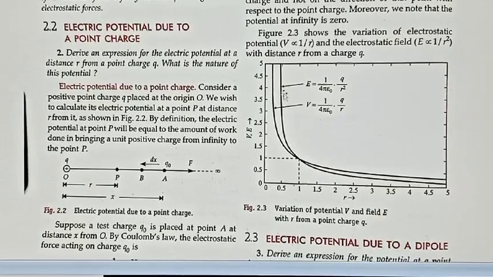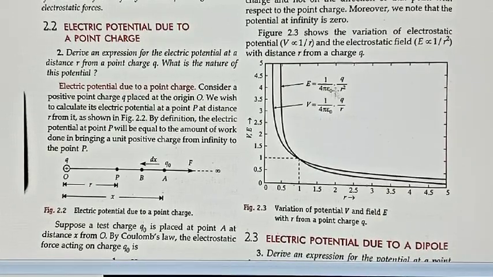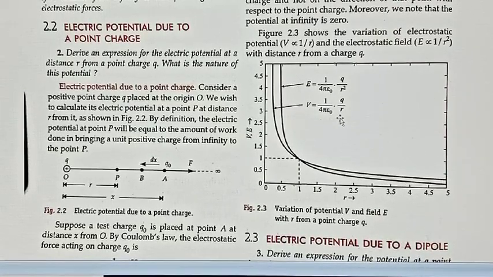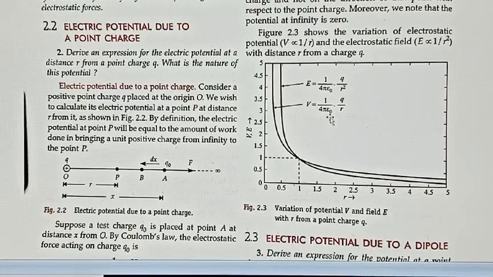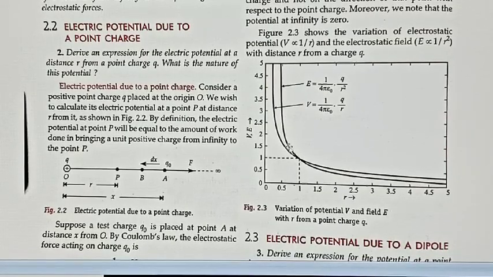Then you can get these graphs. You can see one is R square variation and the other is 1 by R variation. V is proportional to 1 by R. E is proportional to 1 by R square. So this is the graph for E, and this is the graph for V.